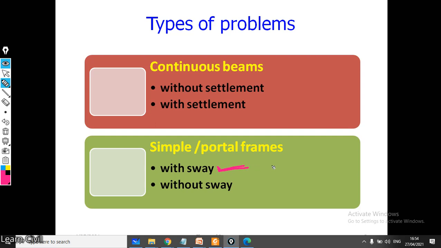There may be sway due to unsymmetrical loading, unsymmetrical support conditions, or unsymmetrical cross sections of beams or columns. So the two types are portal frame with sway and portal frame without sway.